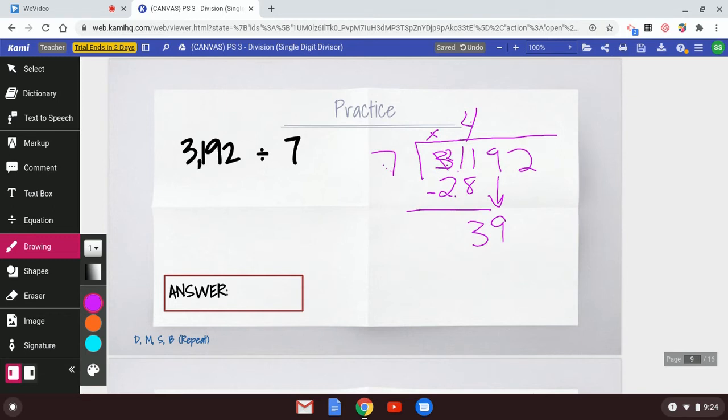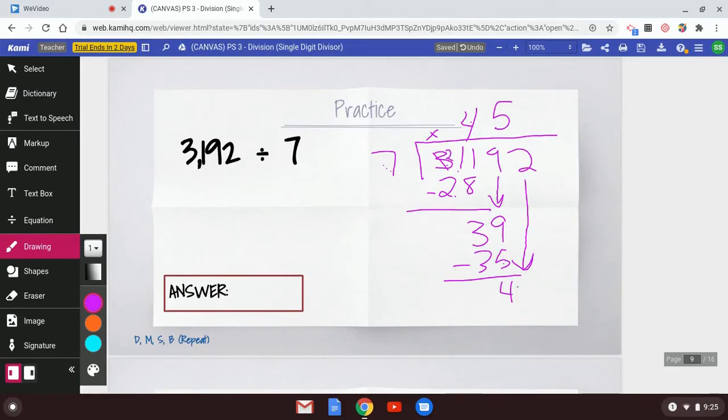Okay, we're back to dad, divide. So I have to say, how many times can 7 divide evenly into 39? 7 can divide evenly into 39 5 times. Now I multiply. 7 times 5 is 35. Subtract, 9 minus 5 is 4.